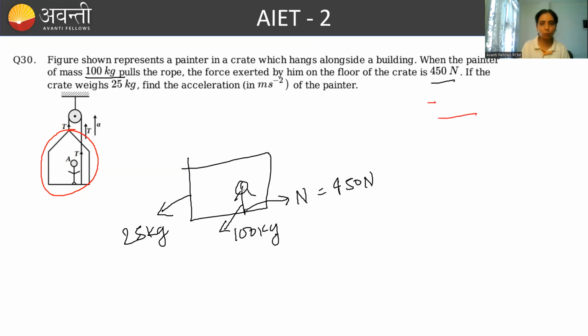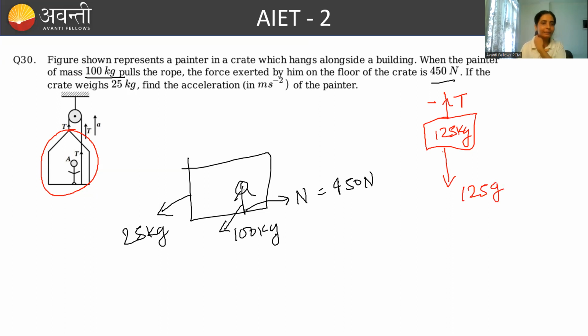So if I take the whole body as a system, the system has a mass of how much? 125 kg: 100 kg of painter, 25 kg of that structure. It has a force acting in the upward direction, how much? Tension. And in the downward direction, the only force will be gravitational force, and that is 125 g.